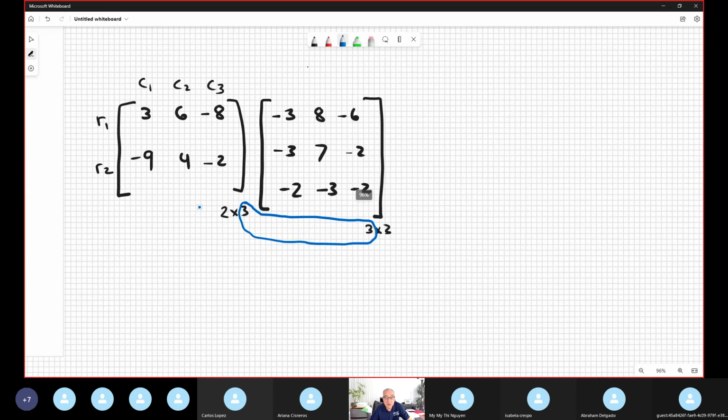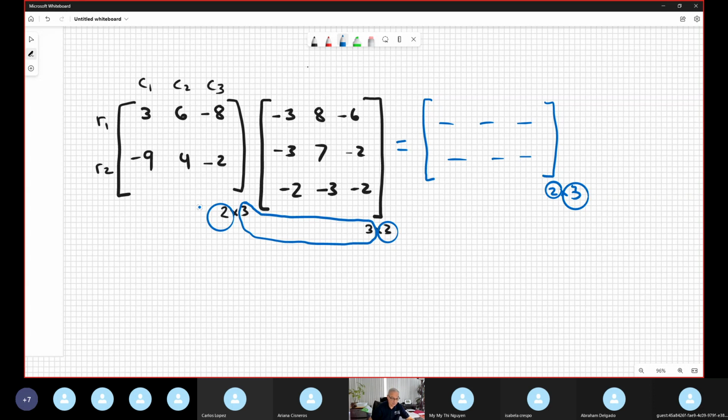Okay, now you put it here. I expect one matrix that is 2 by 3. This 2 is that 2, and this 3 is that 3. So in total, we expect 6 numbers: 1, 2, 3, 4, 5, and 6.